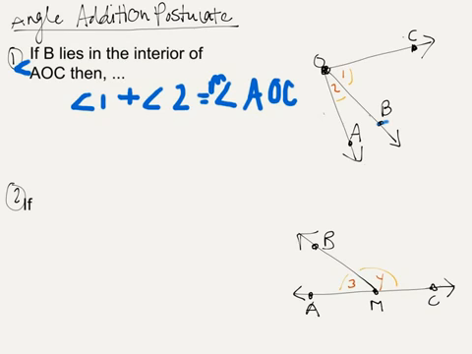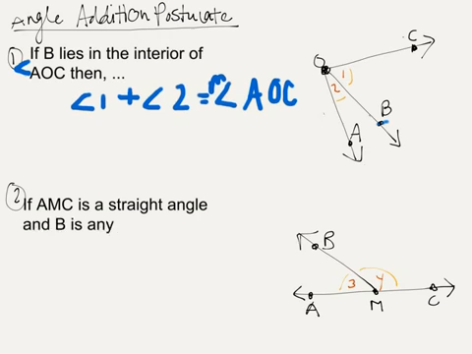If angle AMC is a straight angle and B, point B, is any point not on line AC, then dot dot dot.